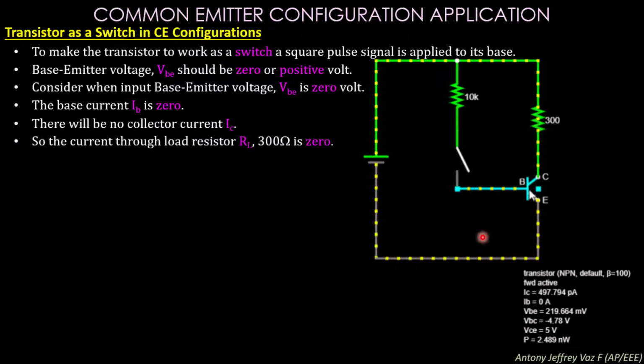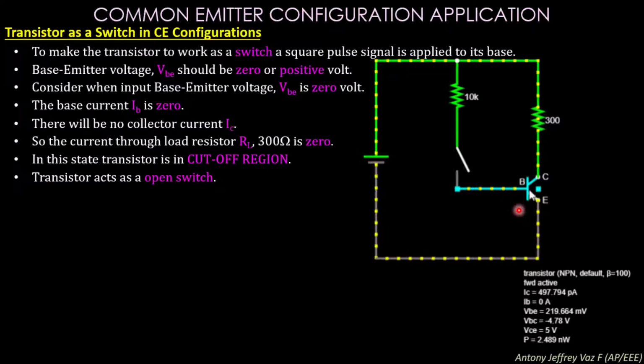The current through the load resistance RL, 300 ohm, is 0. There is no base current, no collector current and no load resistance current, so everything is said to be in the 0 state. In this state, the transistor is in the cutoff region. This state is known as the cutoff region of a common emitter configuration transistor.